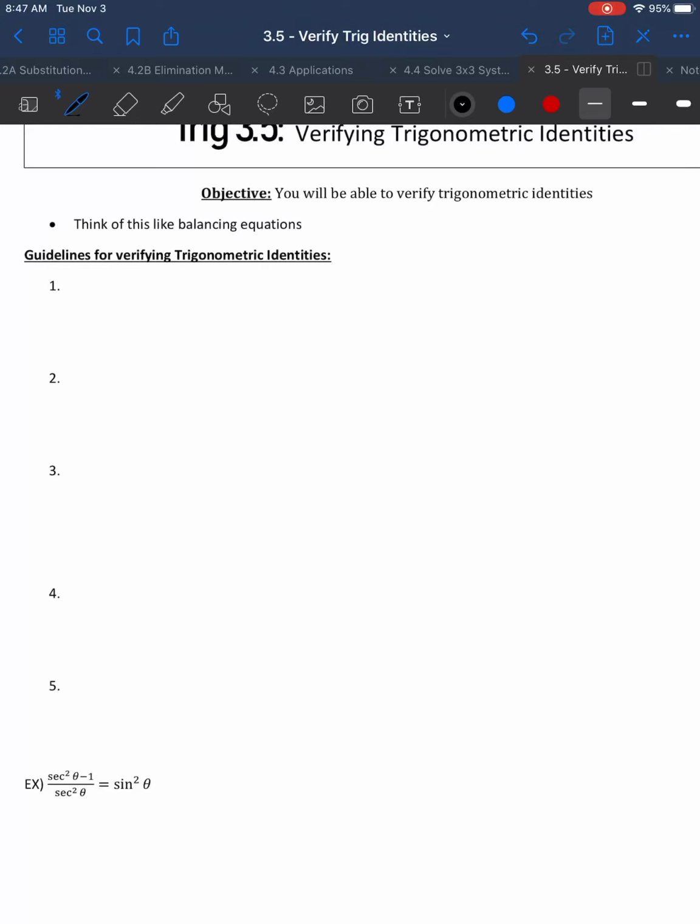Just work one side as much as you can, then move over to the other side. Granted, I suggest maybe starting with the more complicated side first.